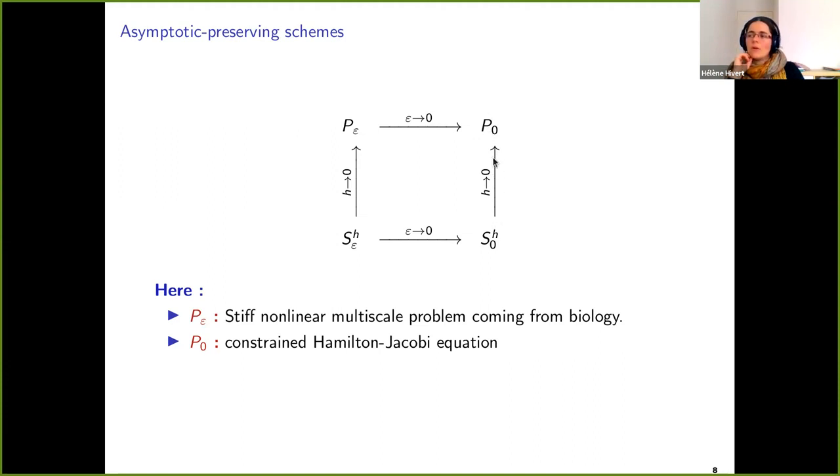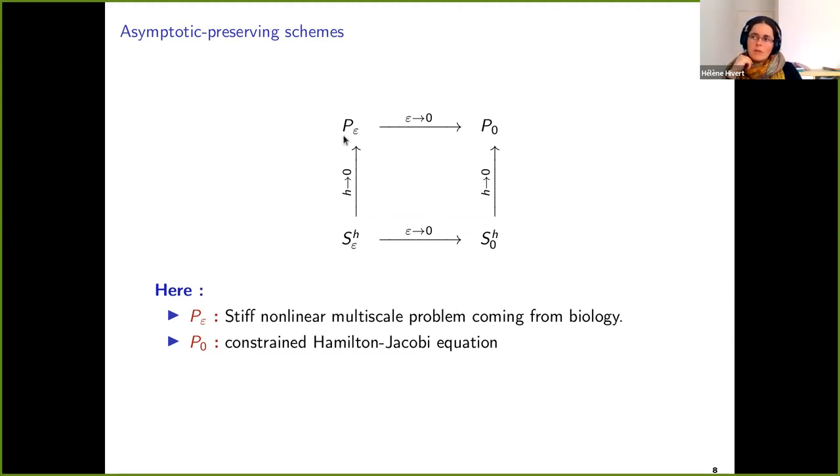For instance, if you are looking at the diffusion limit of a kinetic equation, the limit equation is a diffusion equation, and it is very easy to have a scheme for the diffusion equation. And if you have the scheme, it is very easy to check that it is a good scheme for the diffusion equation. Okay, in this case, this is the contrary.